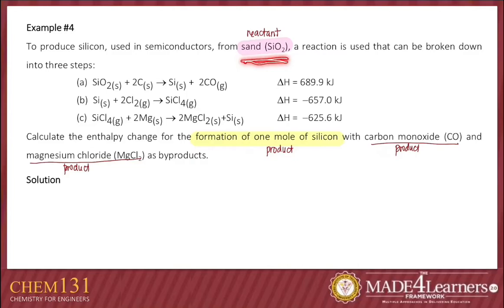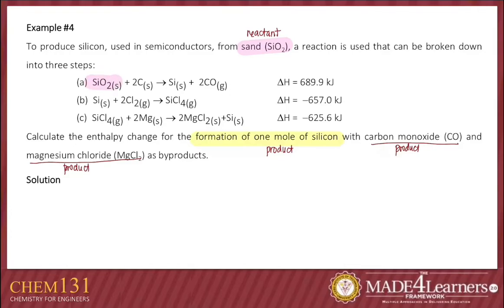SiO2, where is SiO2? It's here in equation A. And SiO2 is already on the reactant side. Okay? So, take note: SiO2 on the reactant side. So, okay na siya. Let us highlight this.